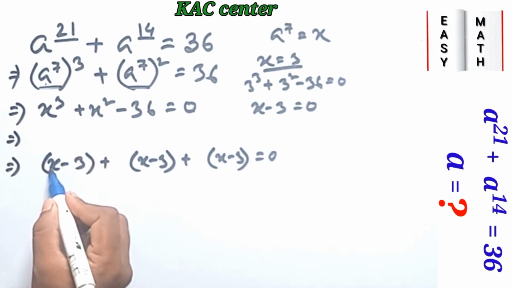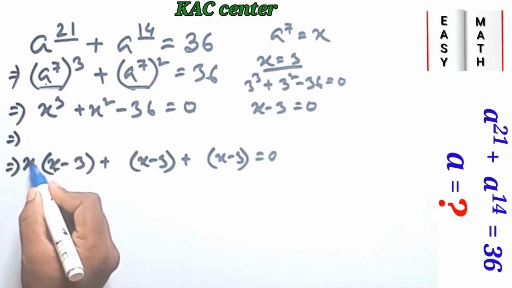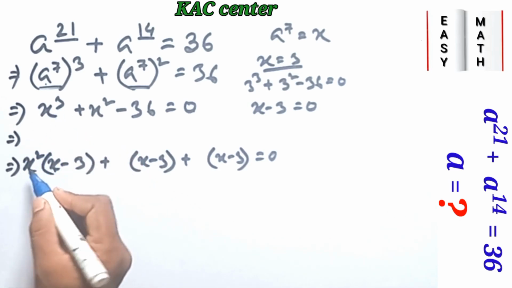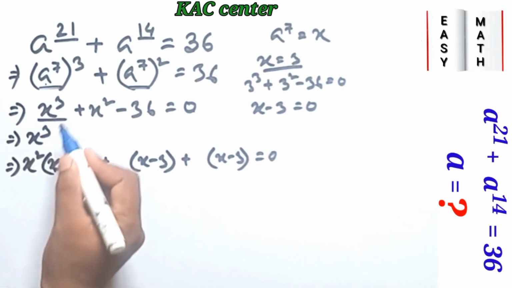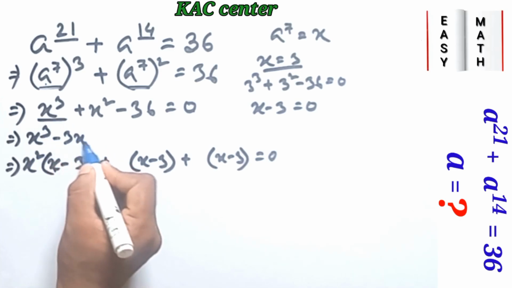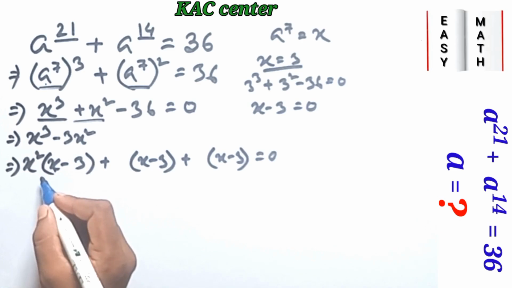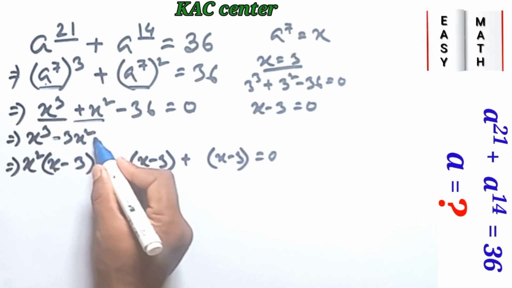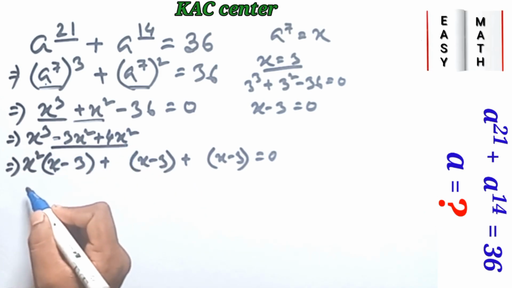And there the x, and there is the x cube, so multiply with the x square. And this is the x square and x, this is the x cube. And there is the minus 3 square, but there is the plus x square.